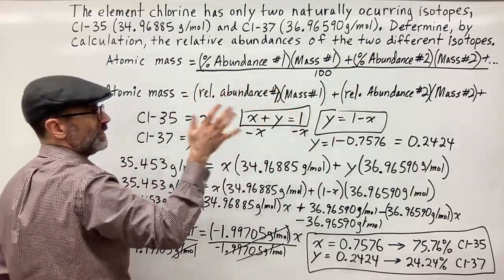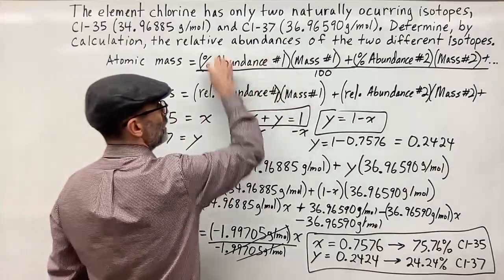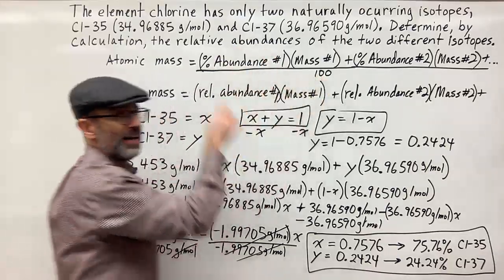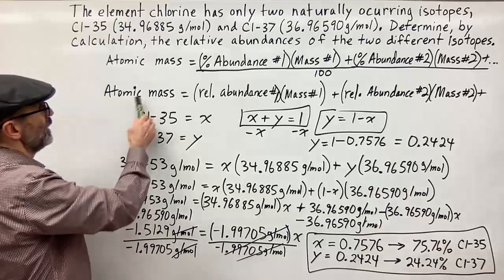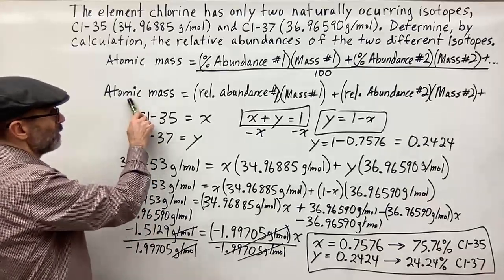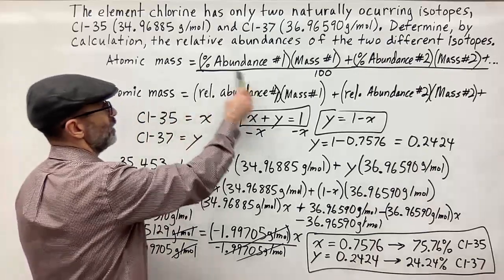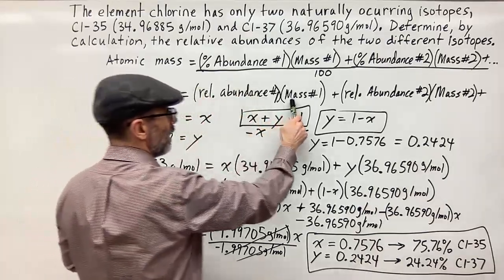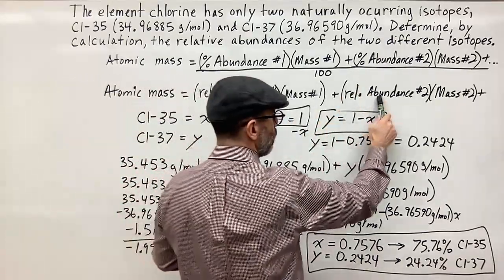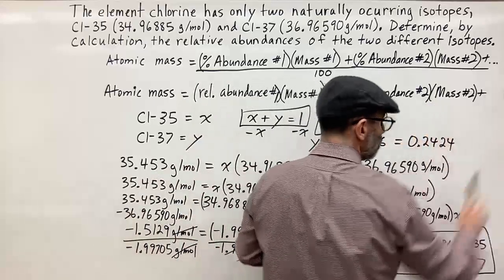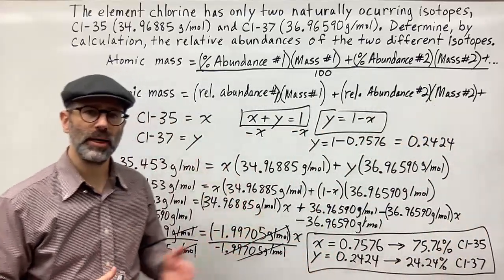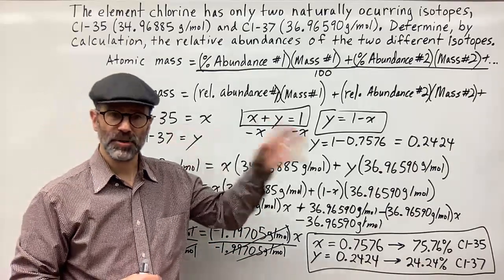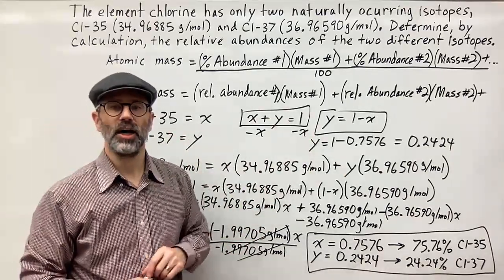They don't usually tell you that dividing the percent abundance by 100 gives you the relative abundance. So the equation is simply atomic mass equals the relative abundance multiplied by the mass, plus the relative abundance multiplied by the mass, plus the relative abundance multiplied by the mass. And again, the relative abundance is just the percent abundance divided by 100.